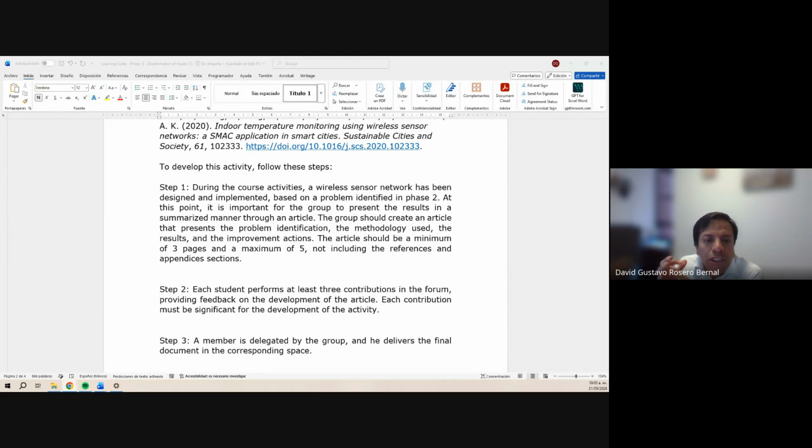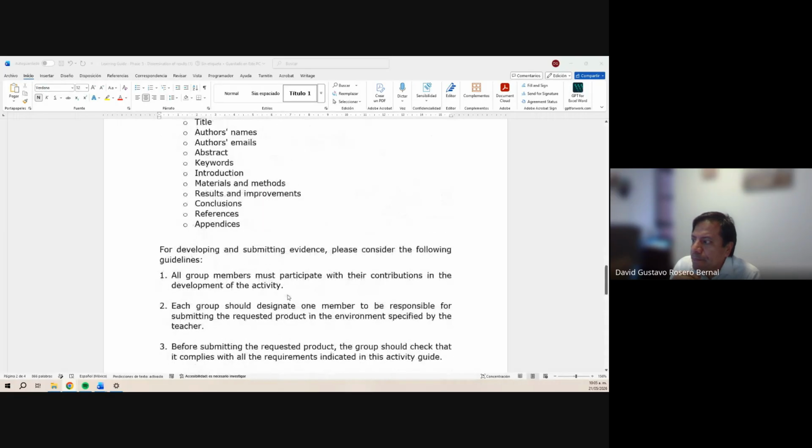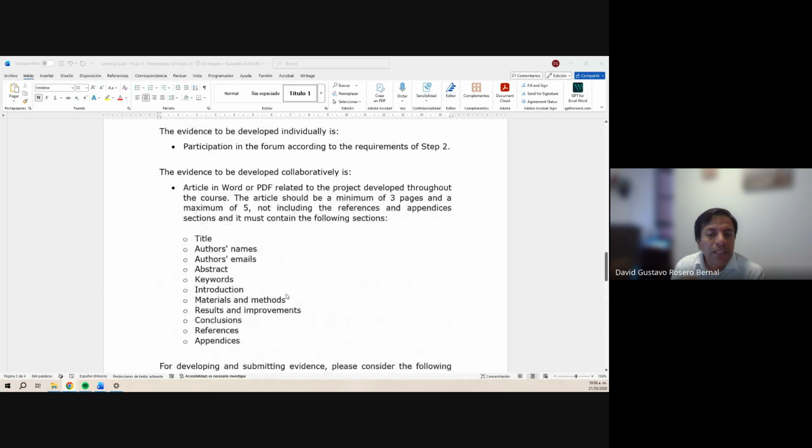The language is professional and concise, free of colloquialisms, free of unnecessary adjectives, and free of grammatical errors. As for the article length, the article must have a minimum of 3 pages and a maximum of 5 pages.